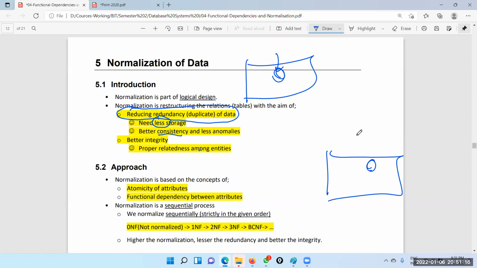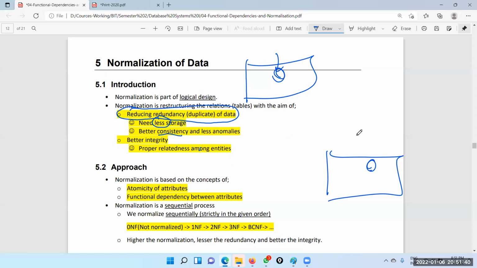If they were referring to the same name, you wouldn't have that issue. Ideally, your name should have been in one place and everyone must have referred to that. So the issue is that because of the redundancy, there's inconsistency.